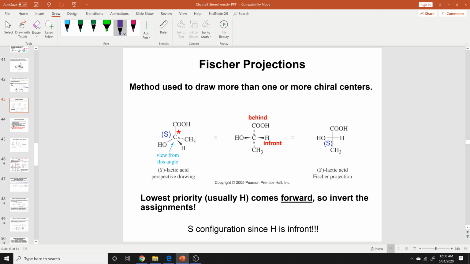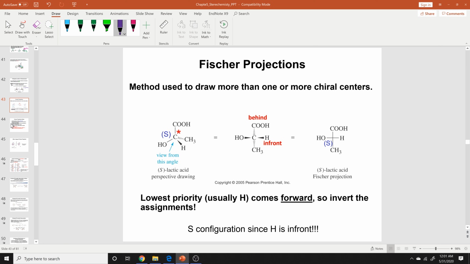If you have a molecular model, you can easily view it, seeing the acid and the CH3, basically they are behind, and the hydrogen and the OH popping out, and this is going to be in front. We're still having the tetrahedral geometry in this case, but this is the representation in the Fischer projection. So any group that lies on the horizontal line, this means that this is in front.